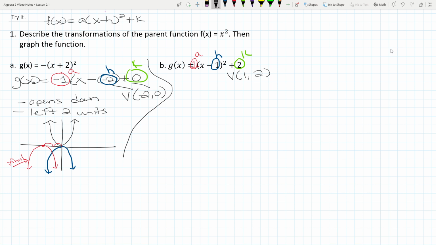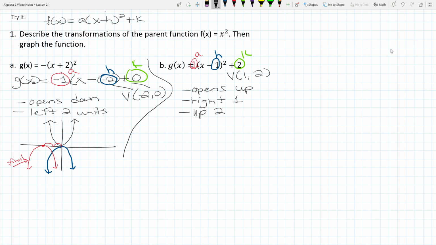Since a is 1, it doesn't do anything, but we know it opens upward since a is positive. So it opens up. And then since h is 1, it shifts right 1. And then since k is 2, it's going to go up 2.